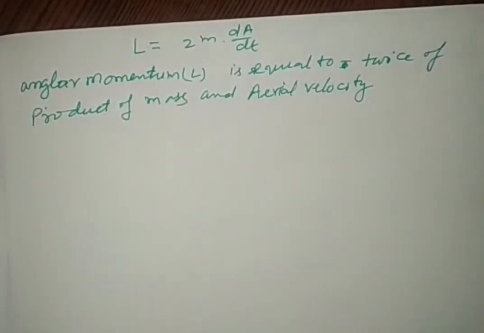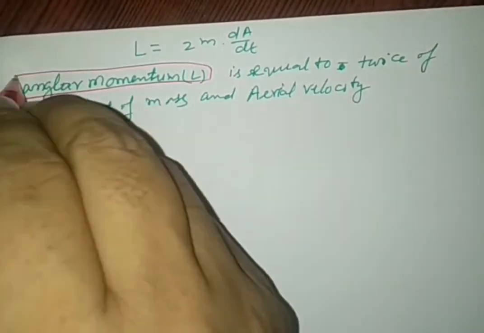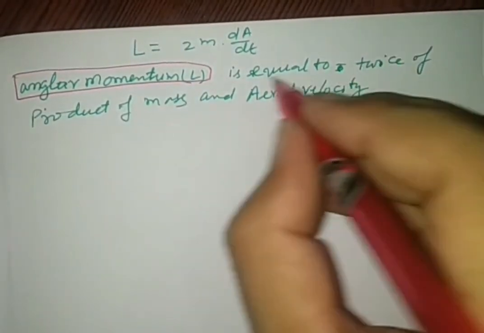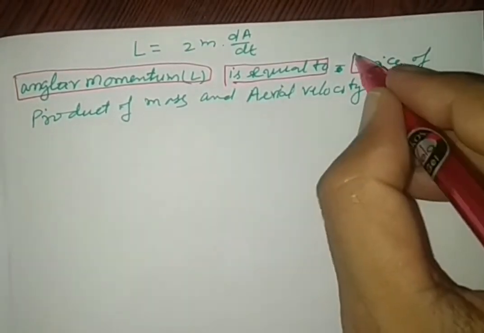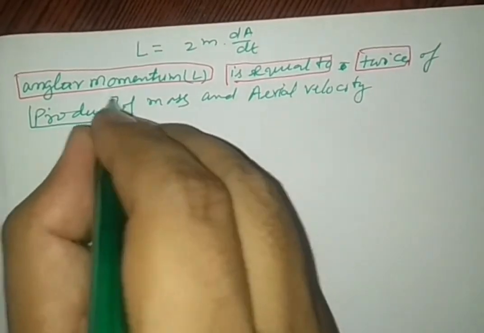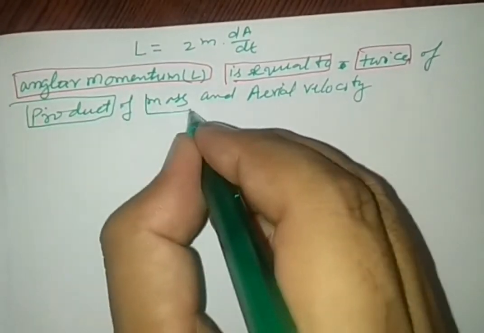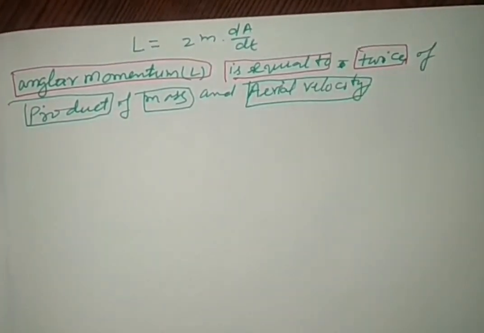So the angular momentum of a rotating body is equal to double the multiplication of the first physical quantity, mass, and the second, areal velocity.